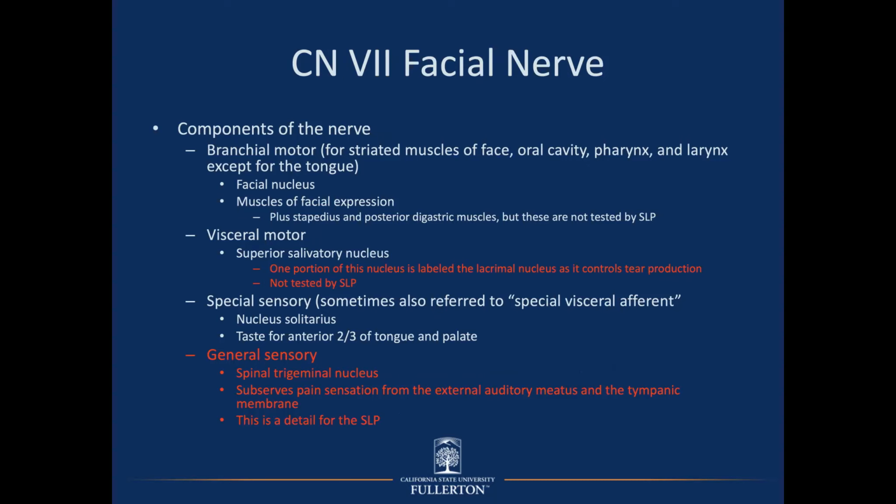The components of the facial are a branchial motor, and I'm going to just jump ahead here, then name them: branchial motor, visceral motor, and special sensory. Now I want to come back to branchial motor and just remind you of what we talked about yesterday. Branchial motor is in your book, so I want to have you recognize the term.